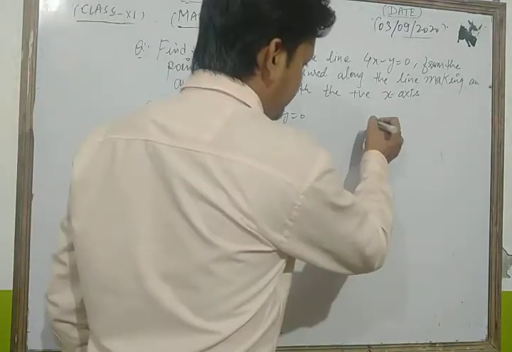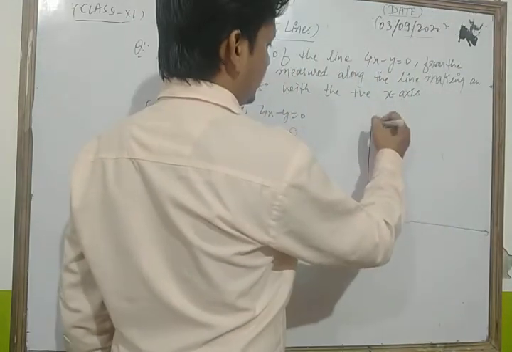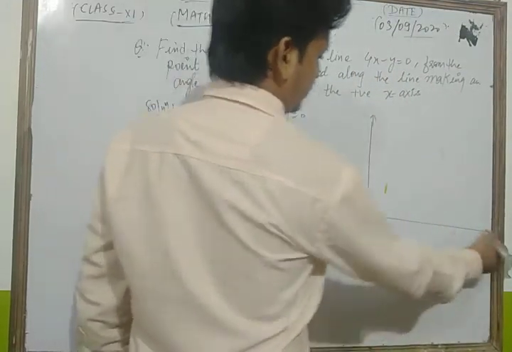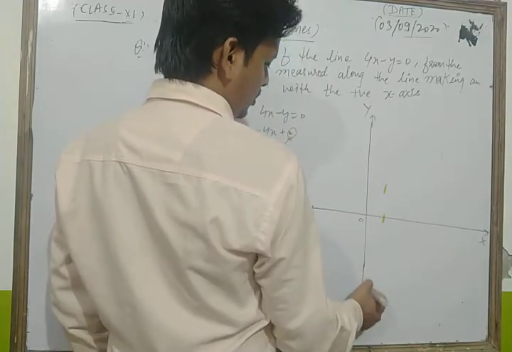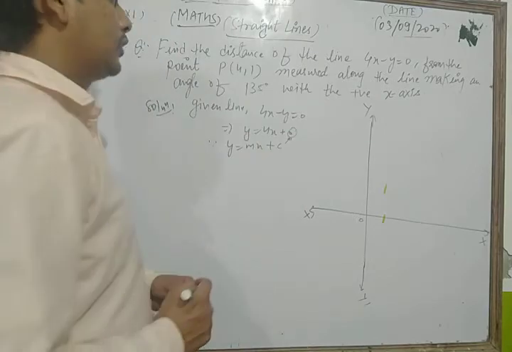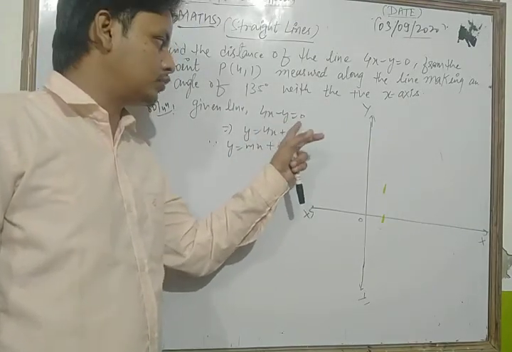So first of all we draw the figure. XOX', YOY'. Dear students, first we draw the line for the equation 4x - y = 0.